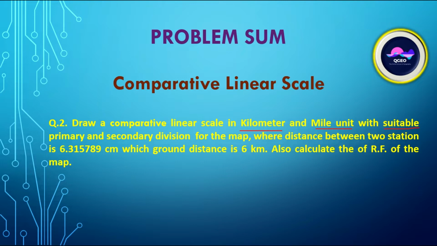Here primary and secondary division has not been given to you. You have to choose the primary and secondary division. And also you have to calculate the RF of the map, because here the distance between two stations on the map and the distance between two stations on the ground are given. Okay, so let's go.